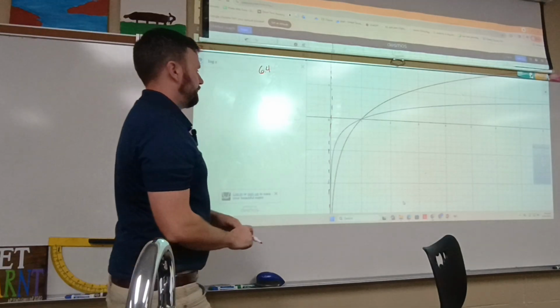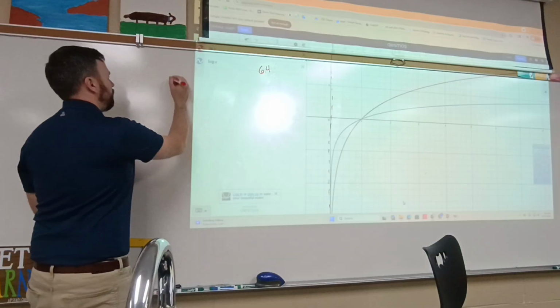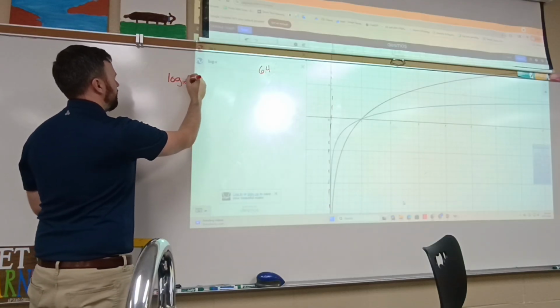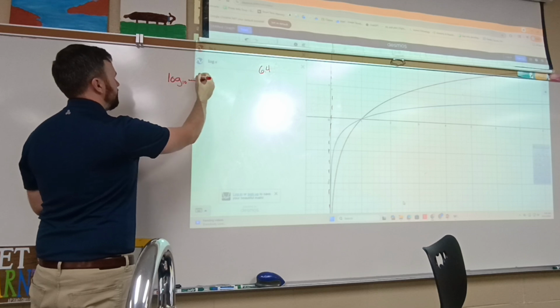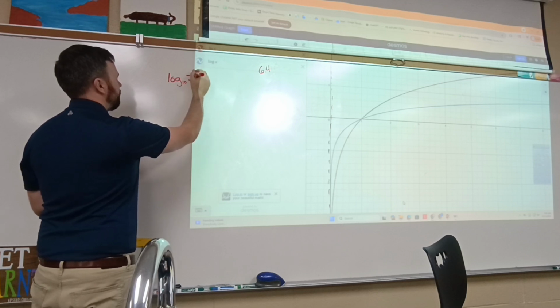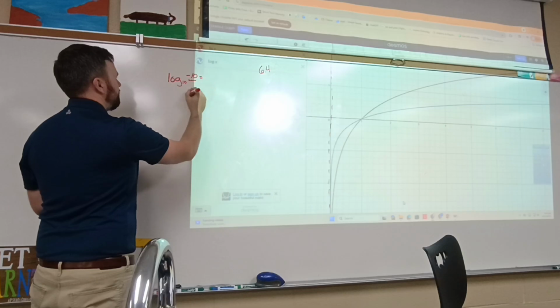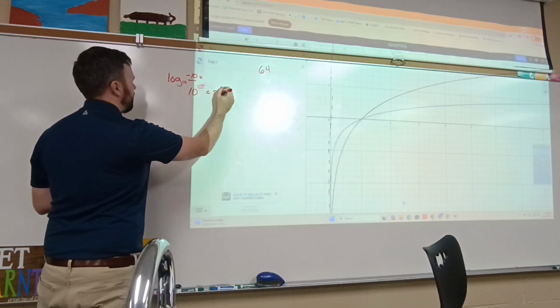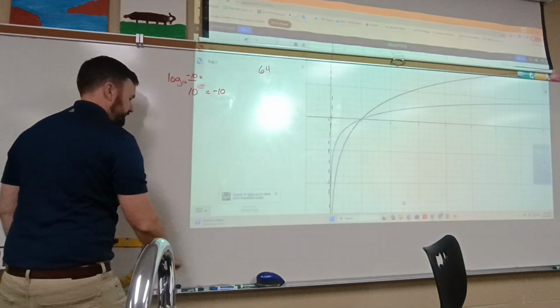And if you really want to know why we can't, if we have log base 10 of a negative anything, it's saying 10 to what power equals negative 10? Well, nothing. That's impossible.